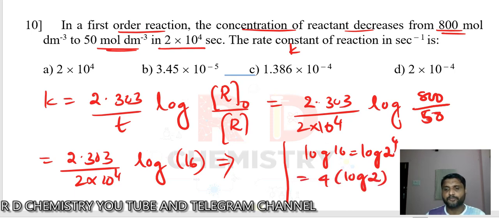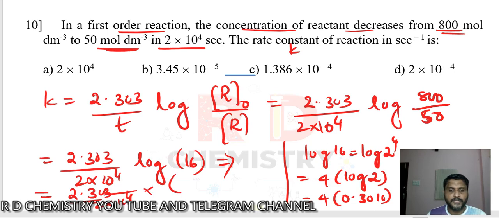In the previous video, I explained how to take log and antilog. So this is 4 into 0.3010. We simplify here: 2.303 divided by 2 into 10 power 4, into 4 into 0.3010. Finally, the answer will be 1.3 into 10 power minus 4.